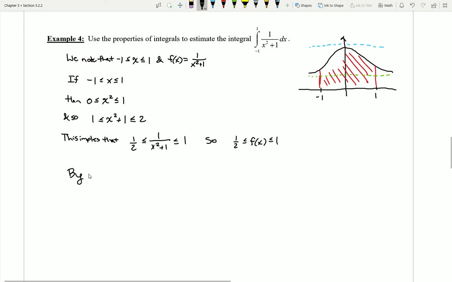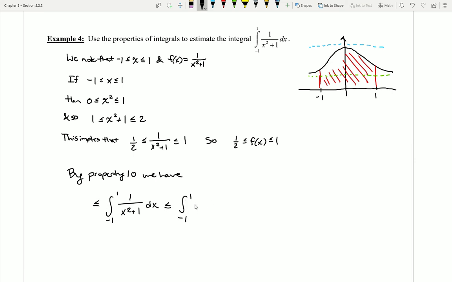So I can say, by property 10, we have that the integral from -1 to 1 of 1 over x squared plus 1 has to be wedged between the integral from -1 to 1 of 1, that is the area underneath 1, and the area underneath 1/2.